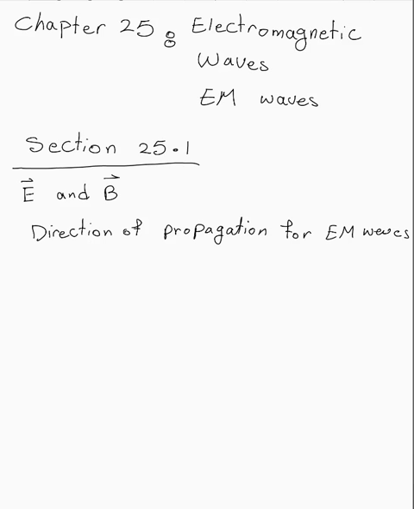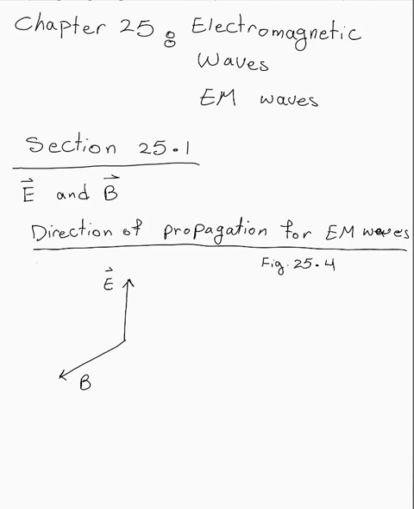But what we must mention here is the direction of propagation for electromagnetic waves. So if we have both electric fields and magnetic fields, what will be the direction of propagation for electromagnetic waves? So again, we're going to use the right-hand rule, but this time to find the direction of propagation.